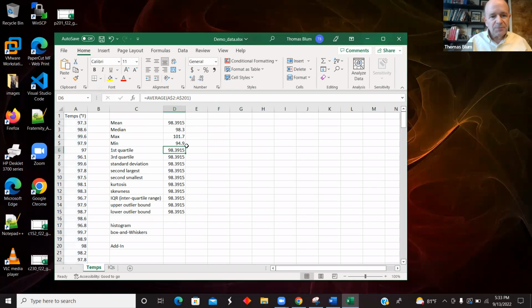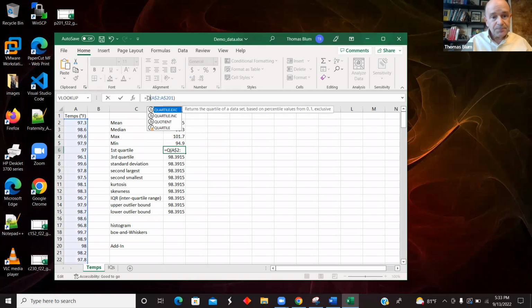So there's the minimum. And now I want the quartile. There is this very fancy distinction between the exclusive and the inclusive. The quartile is the old one before they made these distinctions. So I'll do, let me try the exclusive one and see what I get.